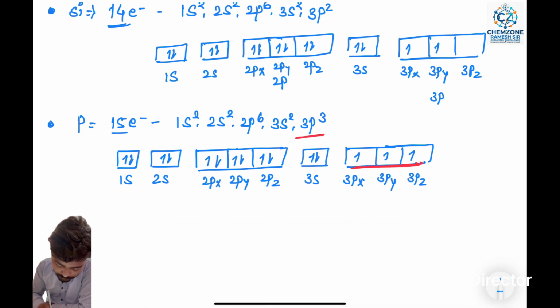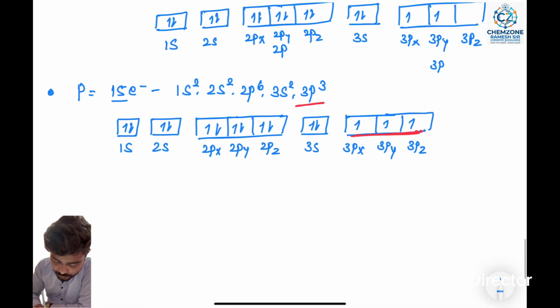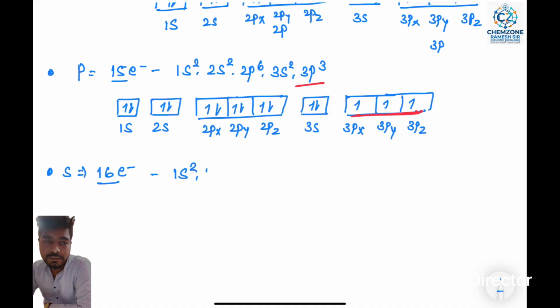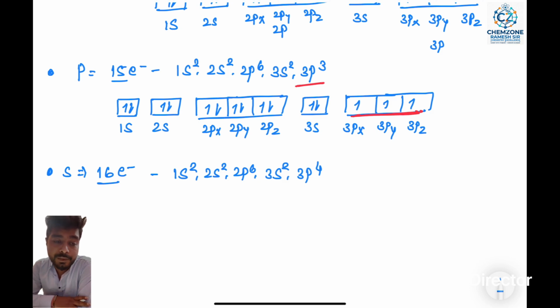Okay, then next one, phosphorus, then your sulfur. S means your 16 electrons. So 1s2, 2s2, 2p6, 3s2, and 3p4. Okay, outermost orbitals are present for the 4 electrons. Then that is where 4 electrons mean in a formation of pair form. Okay, that is a formation of pair.